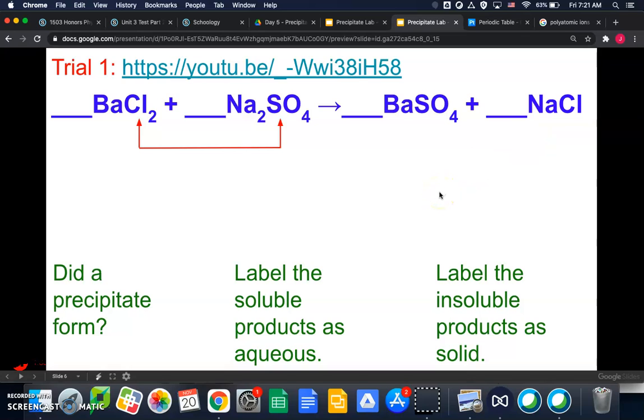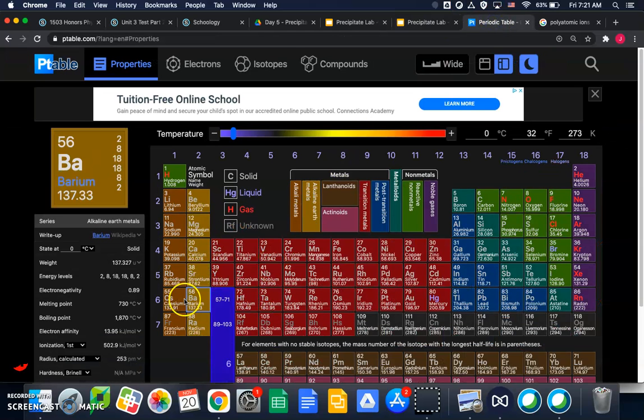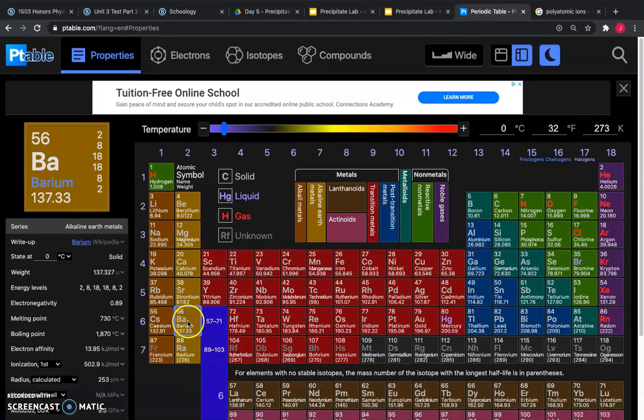Okay, so the next thing we need to do is make sure that the charges are balanced with these ions. For example, barium has a +2 charge. We can tell that from the periodic table, right? It's in the second column. All these elements in that column form a +2 charge. Barium's no exception. Barium also has 2 valence electrons, so that's another way you can tell it has a +2 charge.